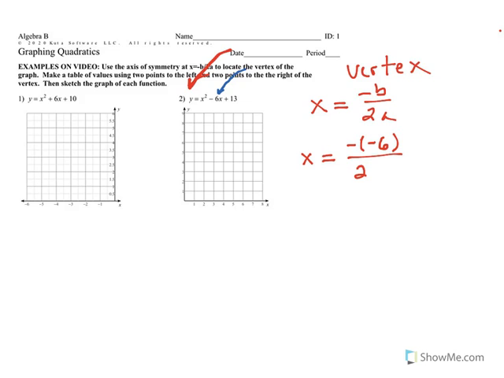And the A value is the lead coefficient on the squared term. So if there's nothing there, it's just a 1. So we get negative 6, which is positive 6, over 2 times 1, which is 2, and that's going to get you 3. So x equals 3 is where we would expect to see the vertex, the center of the graph.